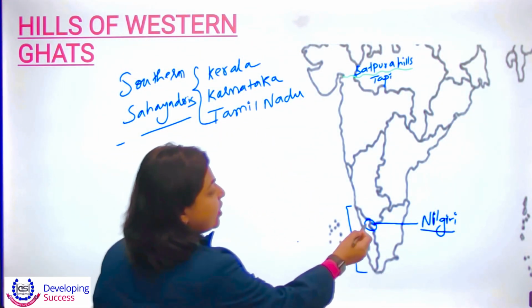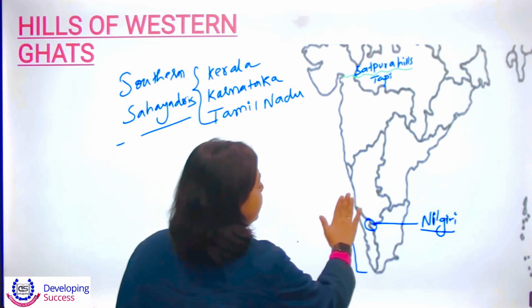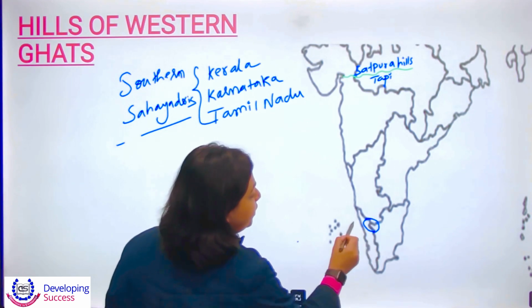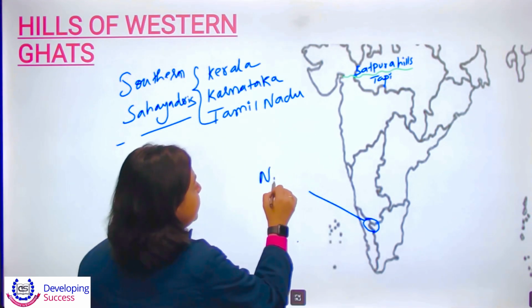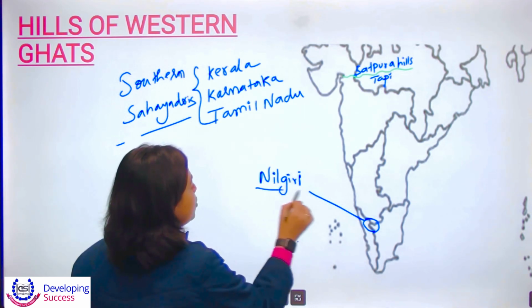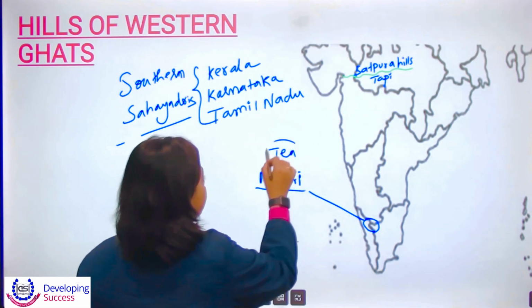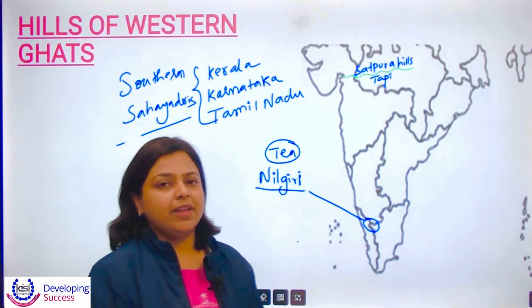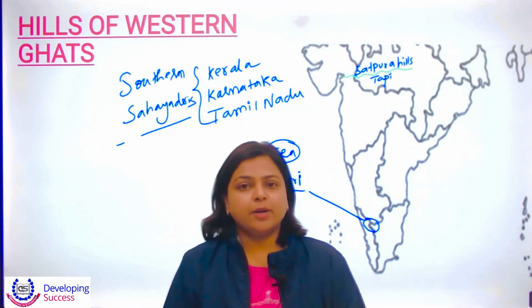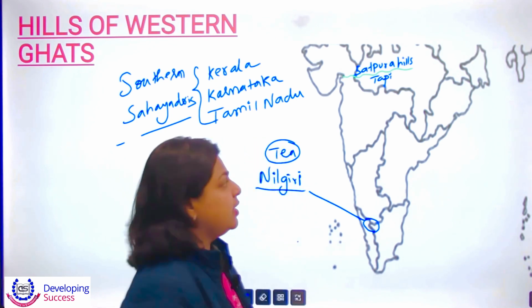If you can't see, I can rub again and make you see. So this is the tri-junction border here, and we have the Nilgiri Hills present here. Nilgiri Hills are very important for tea production in India. Tea gardens are very famous in the Nilgiri Hills. Eucalyptus oil and chocolate production are also very important in the Nilgiri Hills.